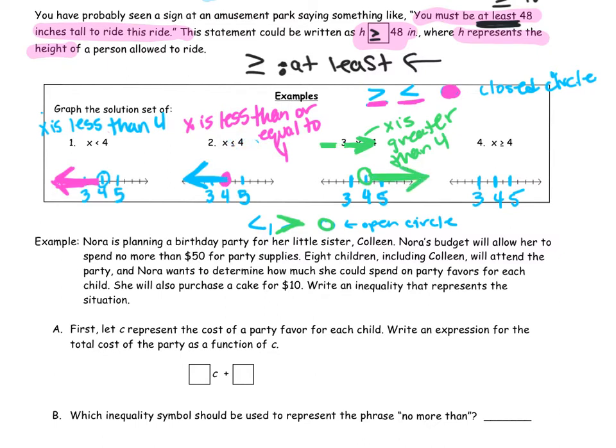So I'm just going to erase these, but you should see the point. Okay, and then the last one here, we have x is greater than or equal to. Because it's greater than or equal to, we've got that closed circle, and that arrowhead is pointing again now to the right. Okay, so that's what these look like.